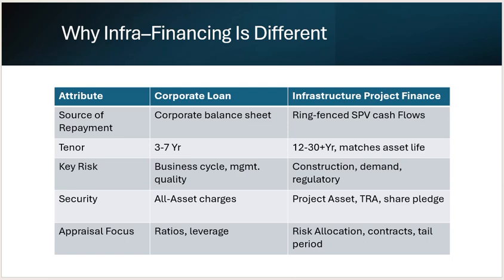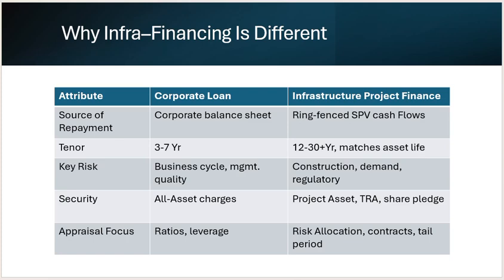But it is a different ball game in infrastructure project finance, totally different from corporate lending. Here we use a ring-fenced SPV, and the cash flow matters more. It is under a ring-fenced SPV.